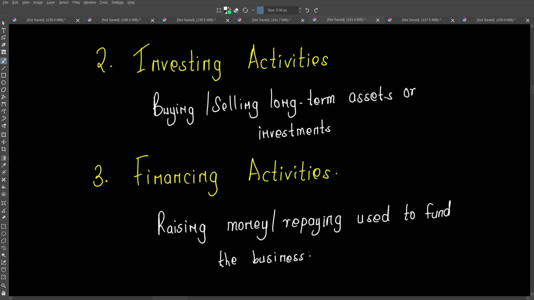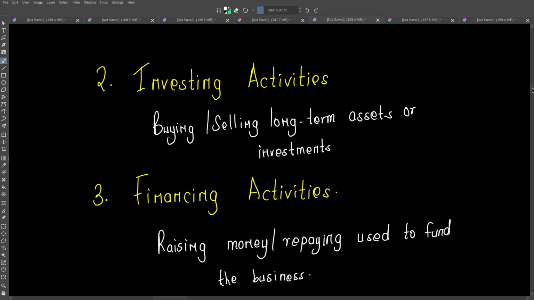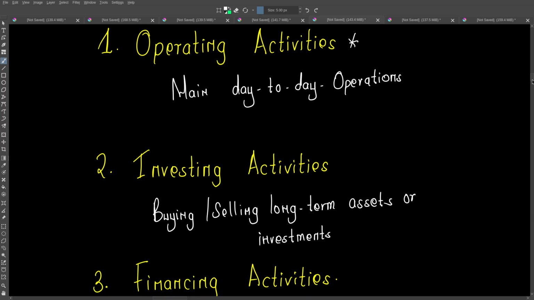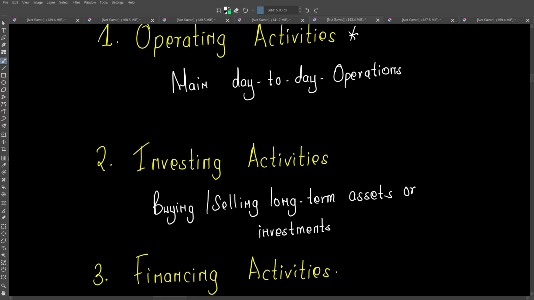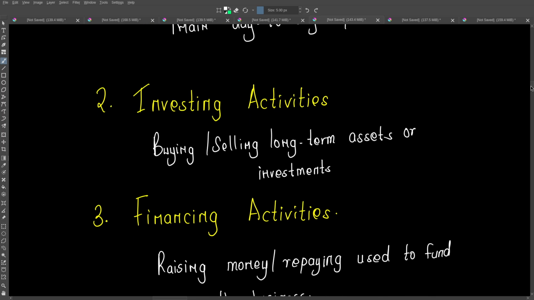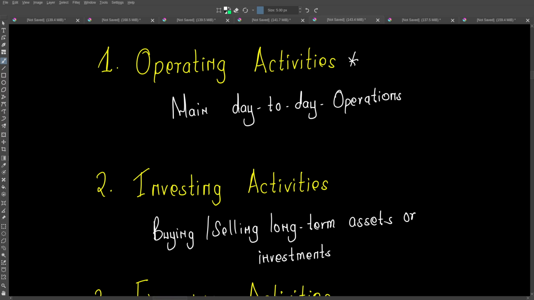So this statement basically breaks down these activities into three. Then we are able to see the cash inflows and cash outflows that relate to operating, and the cash inflows and outflows for investing. Someone using that statement will be able to see whether the company is using more cash in operating, investing, or financing activities.